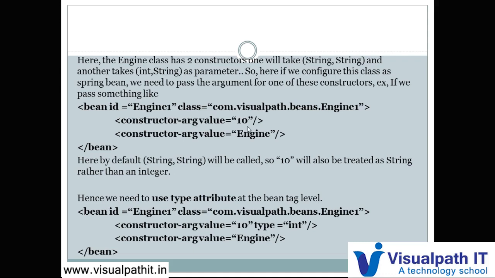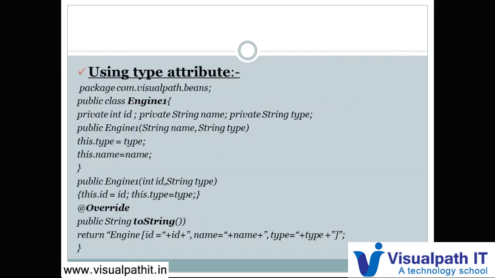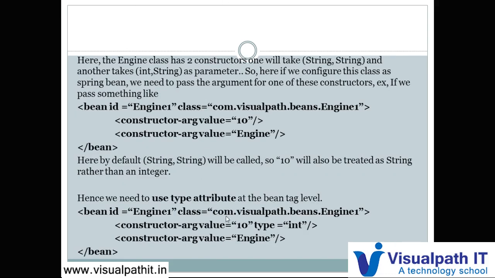So even this 10 will be considered as a string rather than an integer. In such a case we need to use the type attribute, that is, constructor-arg value is equal to 10, type is equal to int, and this is the engine.